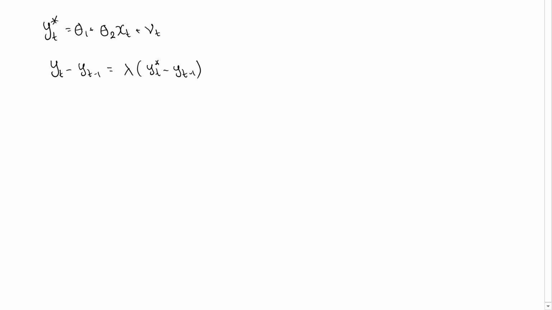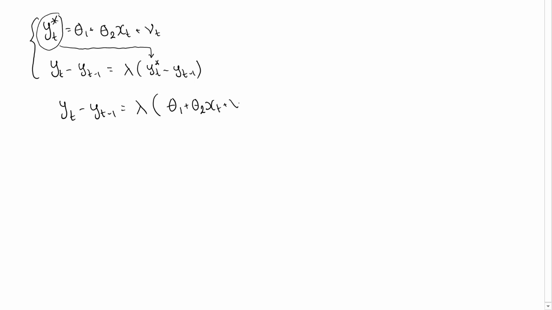So the partial adjustment model is the combination of these two equations. This is unknown, so if I plug this into the second equation, I have the change in yt is equal to the speed of adjustment multiplied by the latent variable determined by xt and the error term, and then subtracting yt minus 1, that's the increase.